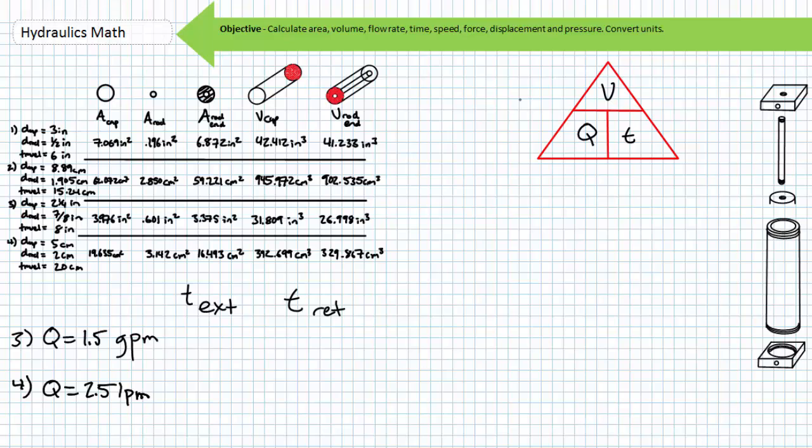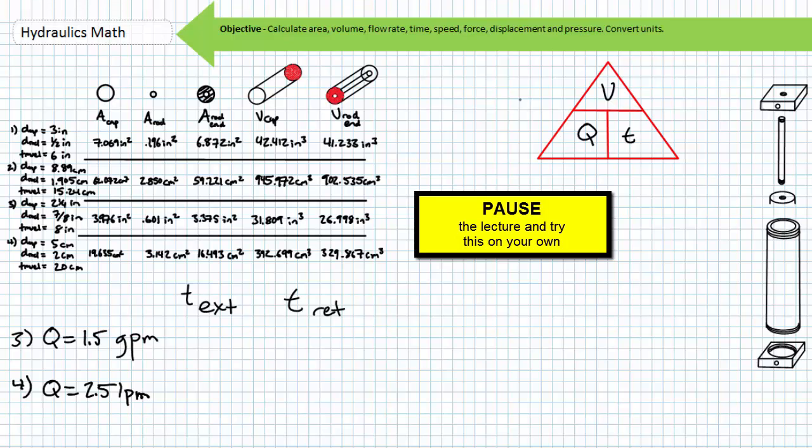This standard operating procedure having been officially established, pause the lecture and take a shot at these two illustrated example problems. Determine the extension time, the retraction time, the extension speed and the retraction speed in the given units for the given flow rates. Problem 3 uses a cylinder with these dimensions: a cap diameter of 2¼ inches, a rod diameter of 7/8 of an inch, and a travel length of 8 inches, with a flow rate of 1.5 gallons per minute.